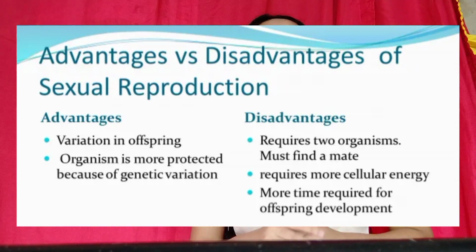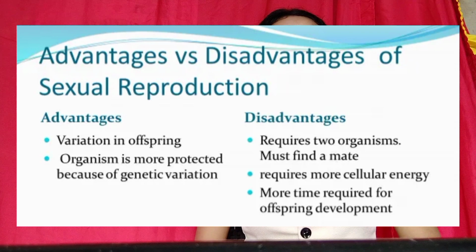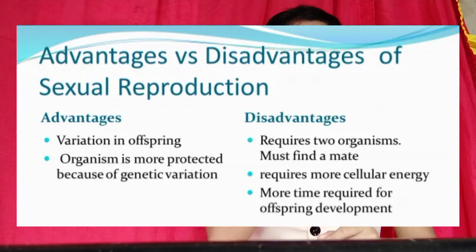One of the disadvantages of sexual reproduction is that it requires two organisms, so you must find a mate. Also, it requires more cellular energy. And the last one is that sexual reproduction requires more time to develop the offspring.